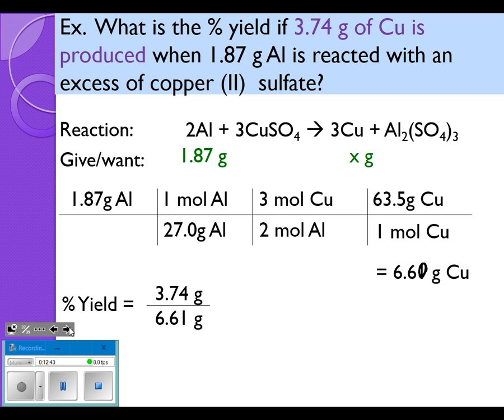So that's my actual, and I divide that by my theoretical, and then I multiply it by 100. When I do that, I believe that's where my other answer was a little messed up. Let me do that math real quick again. 3.74 divided by 6.60 should give me 56.7% when I actually do my rounding properly.